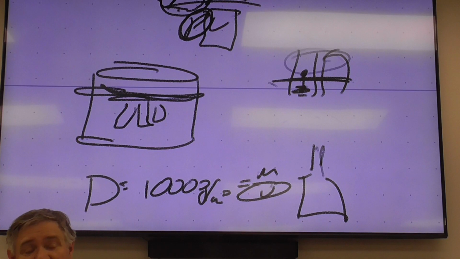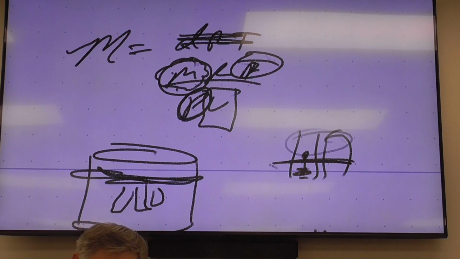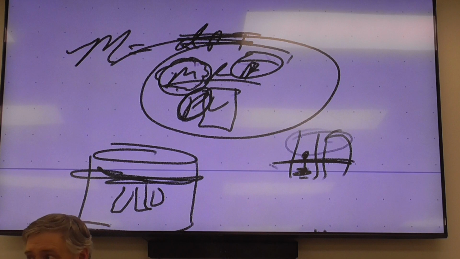So we're going to find the volume of the pipette by filling it up with water, and then knowing the density of water. Then, and only then, can we go to this equation.